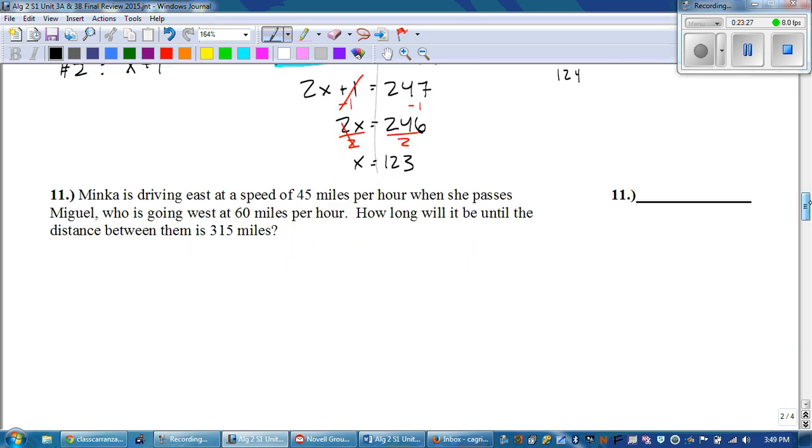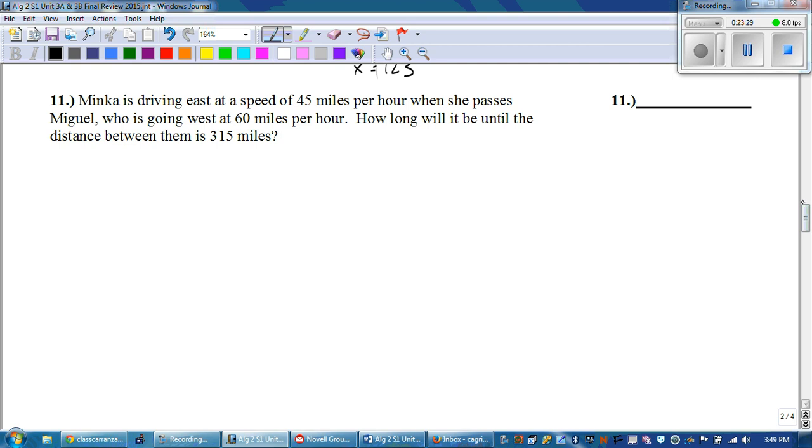All right, last one. So Minka is driving at a speed of 45 miles per hour when she passes Miguel, and he's driving 60 miles per hour. How long will it be until the distance between them is 315 miles? So we're talking about distance, and remember that distance equals rate times time.